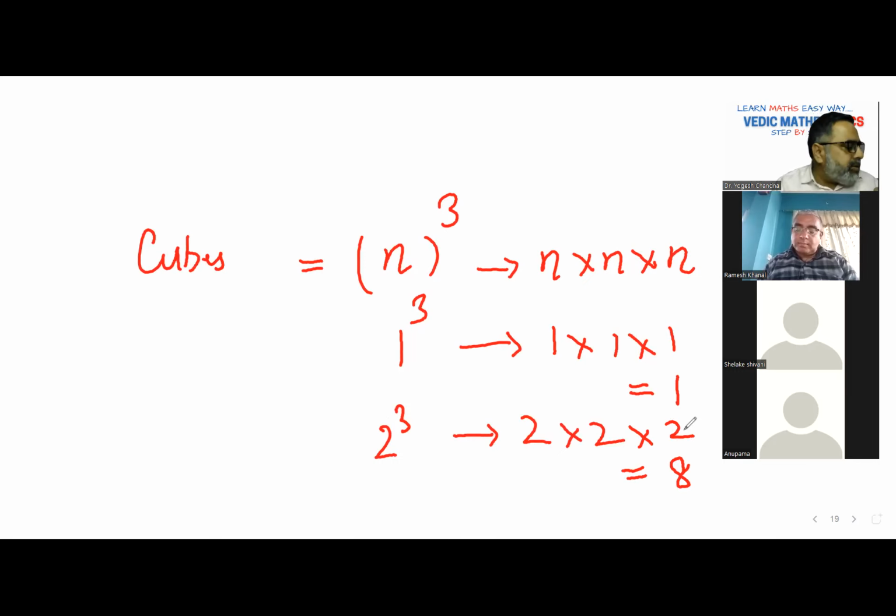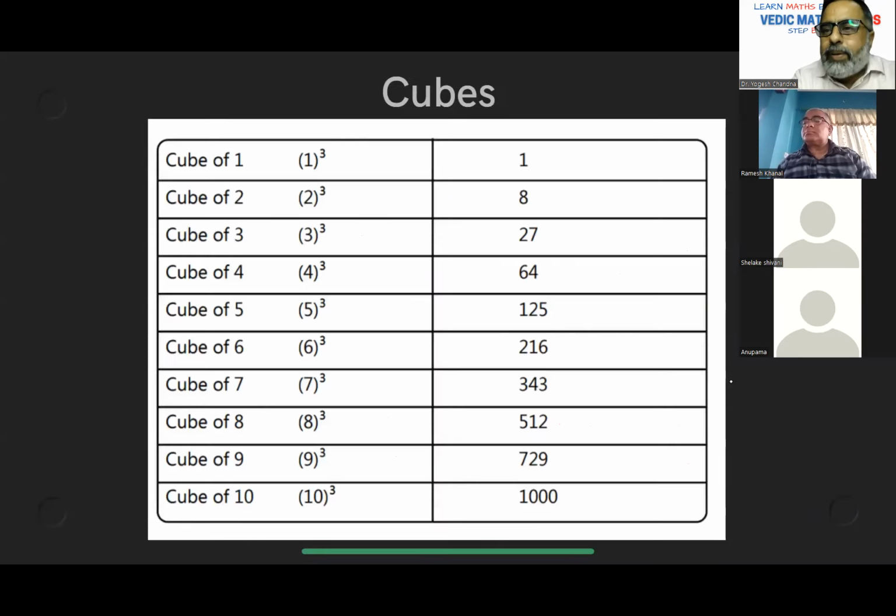Any question, Umesh, Pushpak, Rameshji? No, sir, understood. Okay, so we need to remember this table, because we'll be solving using this table itself. This table is very important because all the bigger numbers we will solve using it, like we did in squares. Secondly, we'll be using this in cube roots later on.